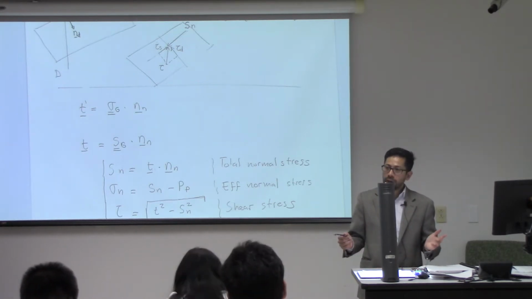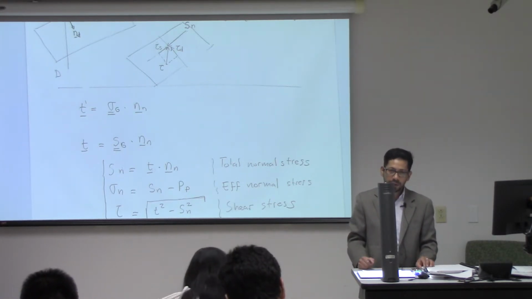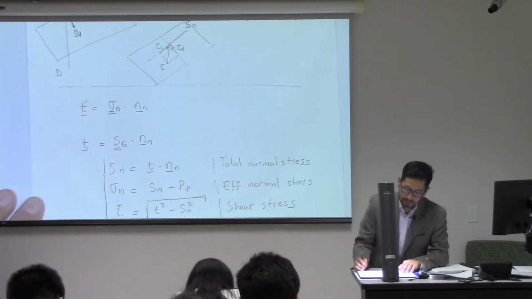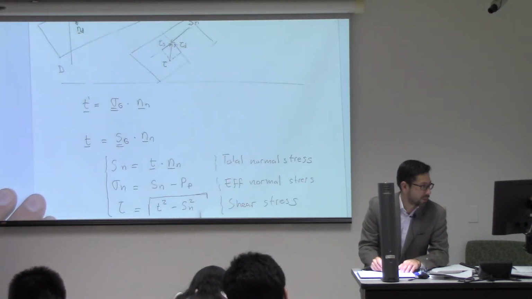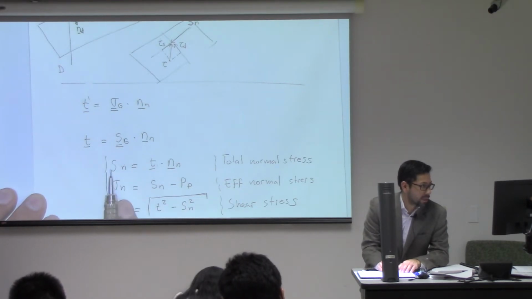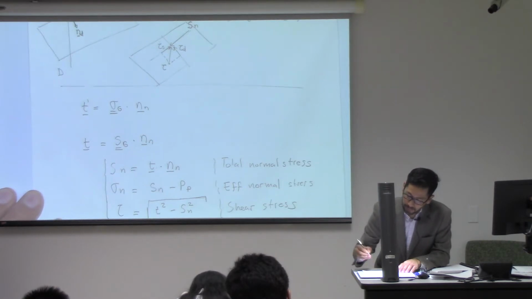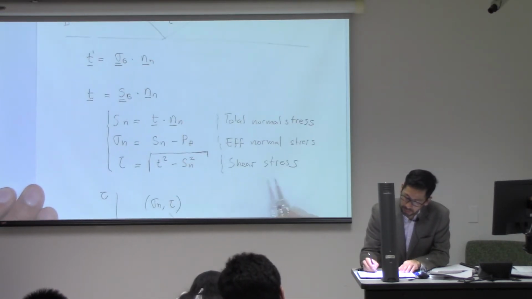So how do you calculate then, since you were asking about tau d and tau s? We know how to calculate Sn or sigma n, the shear stress.